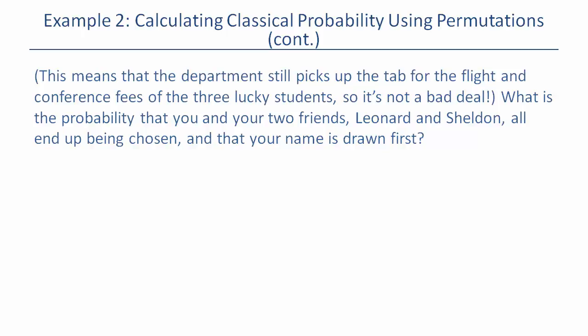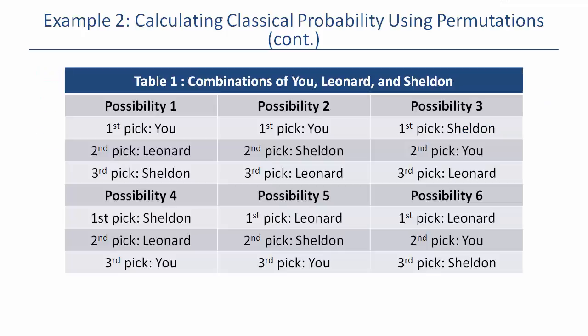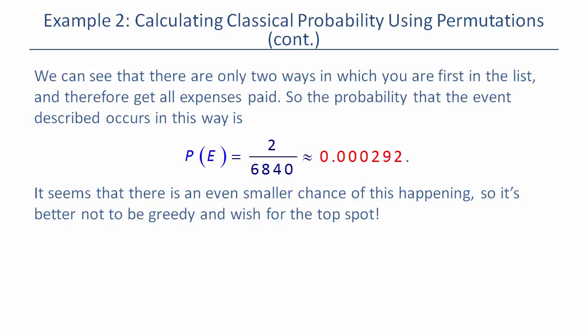They wanted to know a slightly more specific question: the probability that you and your two friends all end up being chosen and that your name is drawn first? So if we go back to all of these different ways that the three of you could be chosen, we have to make sure that we only pick the ones where your name is drawn first, and there's only two of them. So you would put 2 over 6840 and get that answer.